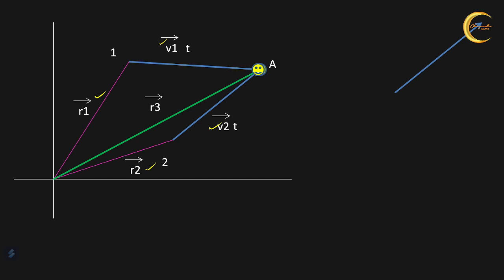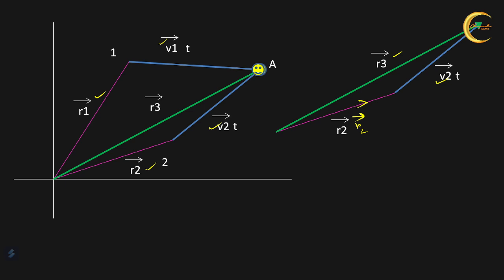Now let's draw the vectors separately. This is the R2 vector, and this is the V2 vector, and this is the resultant vector R3.